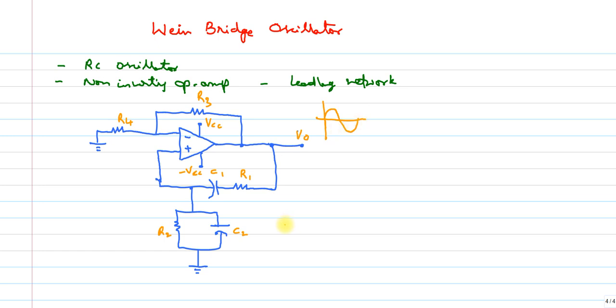Now how to draw this as a bridge? We need to take some points here. It is A, and here I can take it as B, and this point is C, and finally this point will be D. If this is the case, I can go ahead with drawing the bridge here.